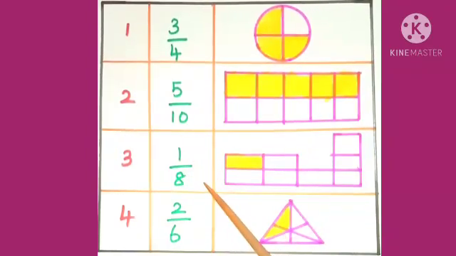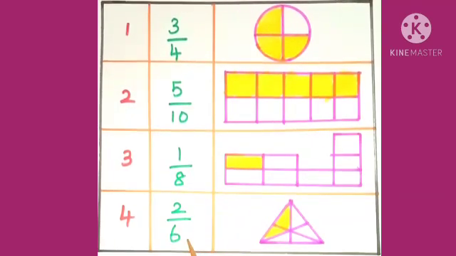And here 1 by 8. So 8 is the total number of parts. 1, 2, 3, 4, 5, 6, 7, 8. So from the 8 parts, we are going to shade only one part, which is in the numerator. That is 1.